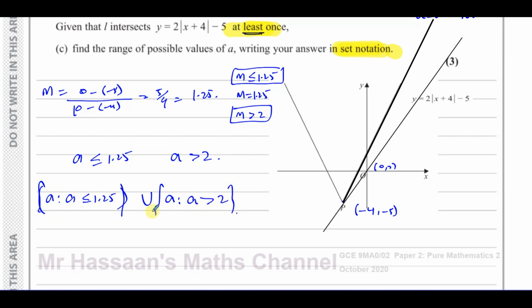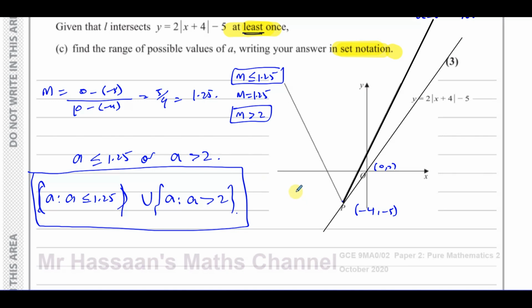We can say A is a member of the real numbers, but that's fine. So it's when A is less than 1.25, or when A is greater than 2. Those are the situations where there will be at least one intersection.